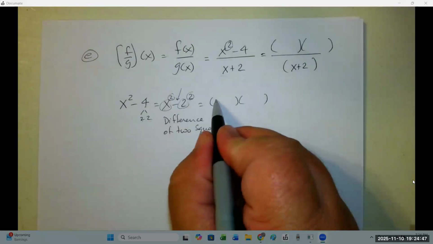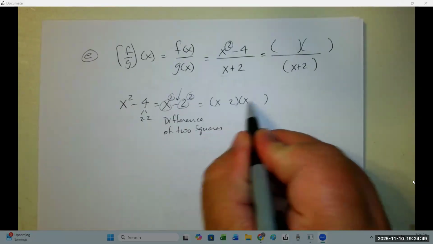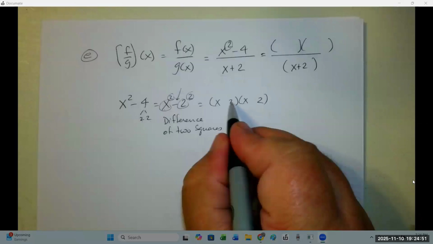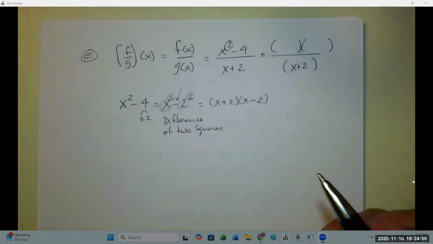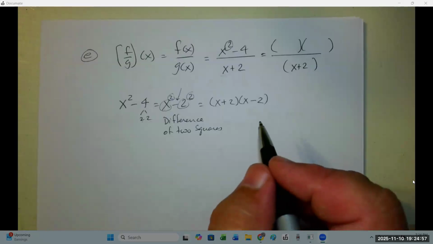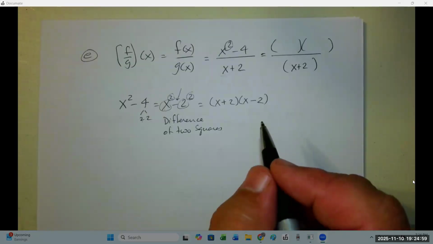Take the numbers that are on the bottom, x and 2, x and 2, and put opposite signs between them. That's called factoring, which we'll do tons of in chapter 3 and 4.